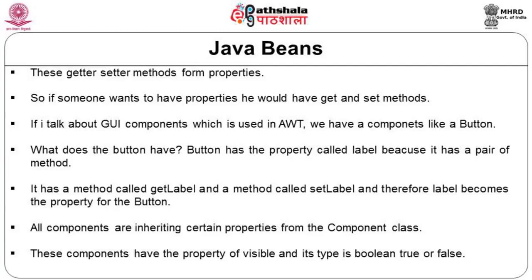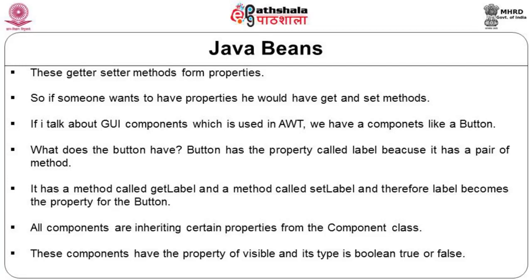All components, most of the GUI components, all of them in fact, because we have this Component class, are inheriting certain properties from the Component class. These components have the property visible. Visible is a property. What is the type? Boolean, true or false.